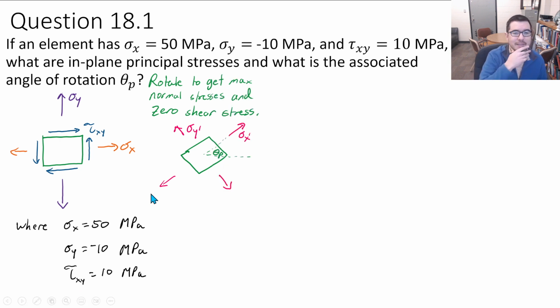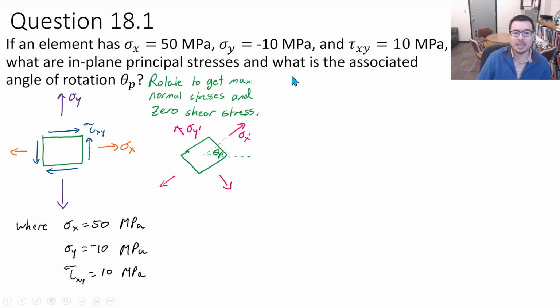Question 18.1 for you all: given an element of sigma x equals 50 megapascals, sigma y equals minus 10 megapascals, and tau xy equals 10 megapascals, what are the in-plane principal stresses, and what are the associated angles of rotation, theta p?